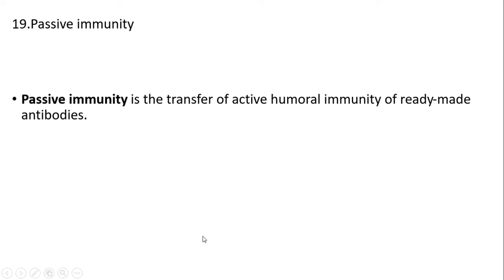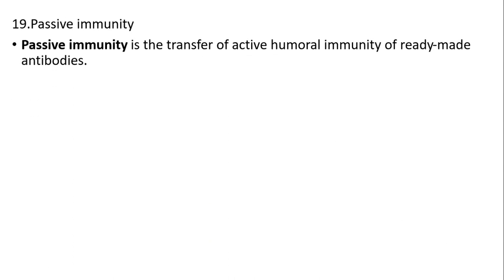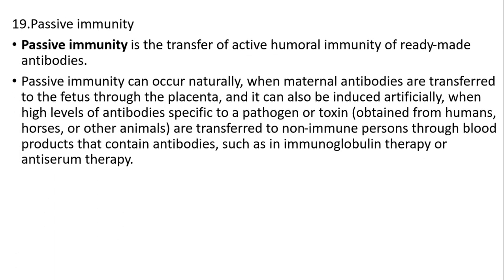Passive immunity. Passive immunity is a transfer of humoral immunity. Passive immunity can occur naturally when maternal antibodies are transferred to the fetus through the placenta, and it can also be induced artificially when high levels of antibodies specific to a pathogen or toxin are transferred from a non-immunologic person through blood products that contain antibodies, as in immunoglobulin therapy or antiserum therapy.